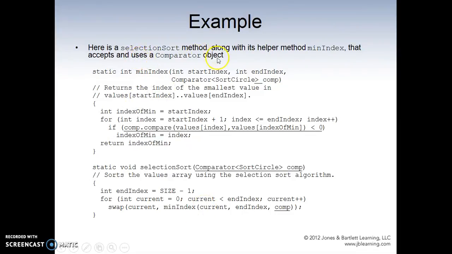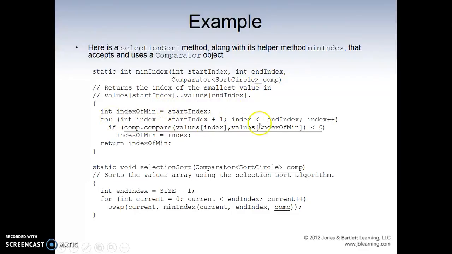Here's the selection sort method along with its helper method minIndex. So minIndex takes start index, end index, and now we pass the comparator for SortCircle, which we call comp.